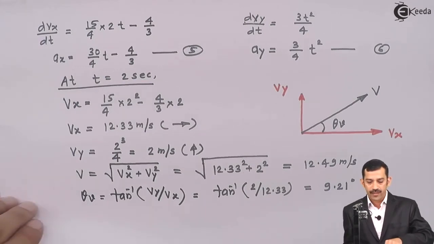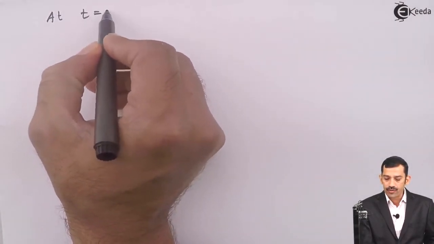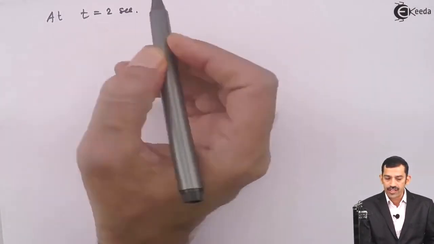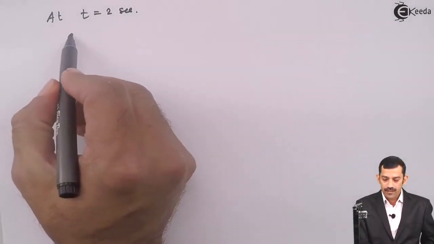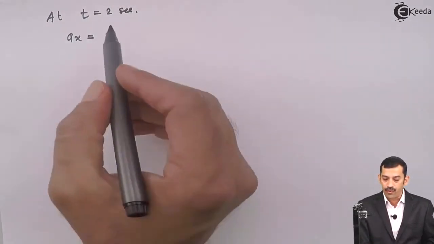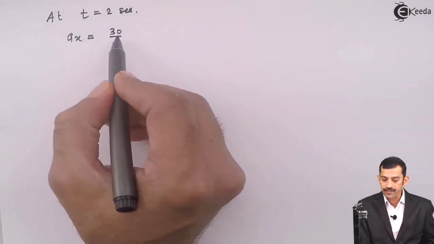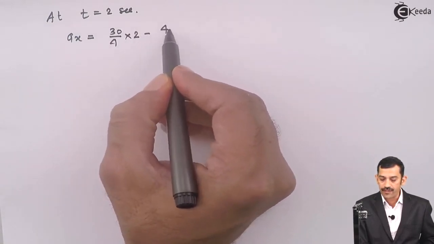Therefore, substituting t equal to 2 seconds, using equation number 5, let's find Ax. Ax equals, the equation of Ax is 30 by 4 into t, t is 2 seconds, we substitute, minus 4 by 3.